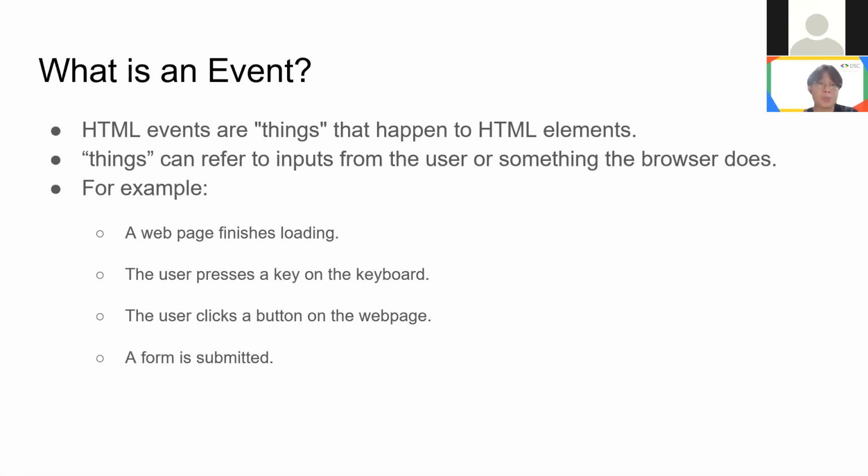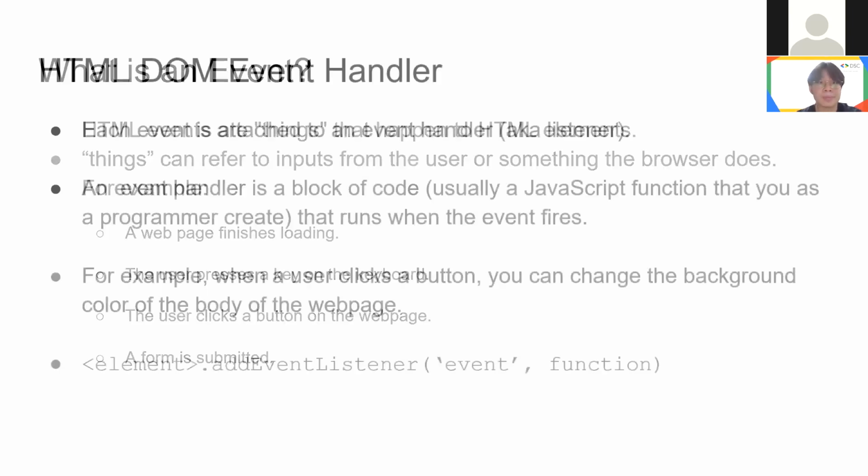Or we can press a key on the keyboard like enter or page down, page up. These are considered events because these are inputs from the user. Or when a form is submitted, which has the event called submit. Or another thing a browser does is when it finishes loading. These are events that HTML can look out for in a DOM.